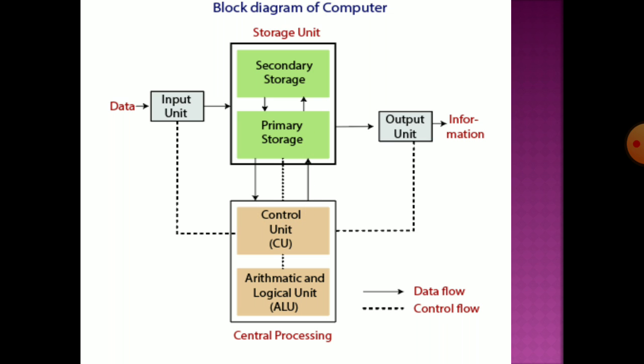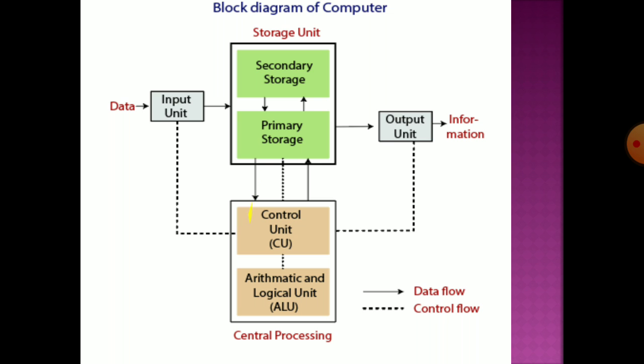So two-way communication happens here, but from input to storage and from storage to output only one-way communication happens. The data can be taken from input to storage, but in reverse, from storage to input, the data is not sent. Similarly, data can be sent from storage to output, but from output to storage it is not sent back. So that reverse connection is not there.